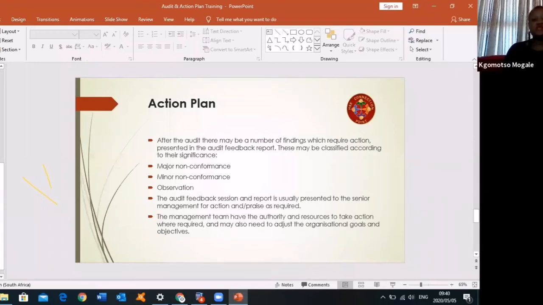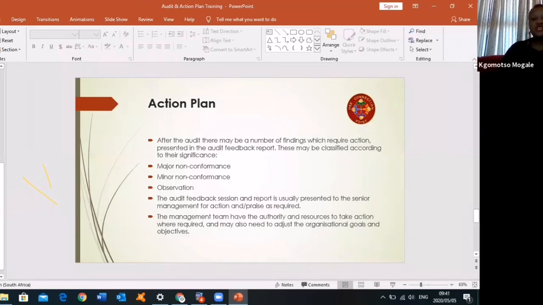So the audit feedback session, guys, will be a report that they present to the senior management because they are the people who are responsible, the people who have the authority and the resources to take the action where required, and may also need to adjust the organizational goals and objectives.